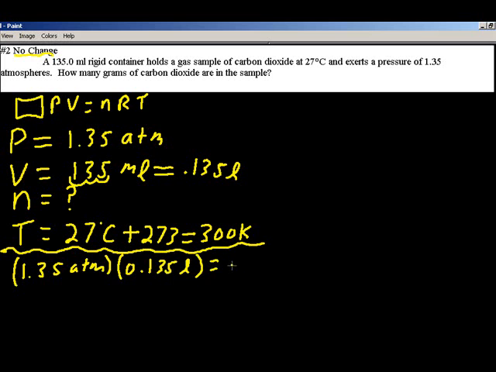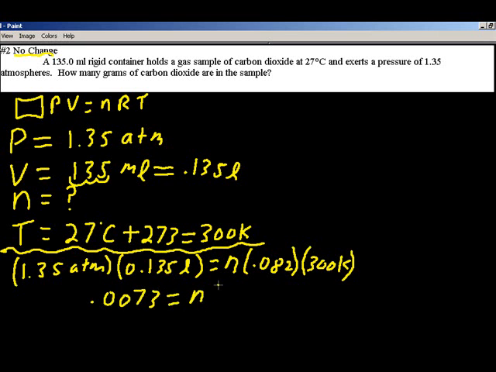That's going to equal an unknown number of moles, a 0.082 gas constant, and it gives us a temperature 300 degrees Kelvin. Now, when we crunch these numbers, you get 0.0073 equal to n, which is moles. But there's a problem.